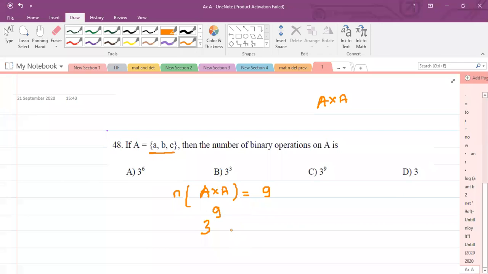So in that formula list, you can add this particular result also. If a set contains n elements, then the number of binary operations will be n raised to n square.